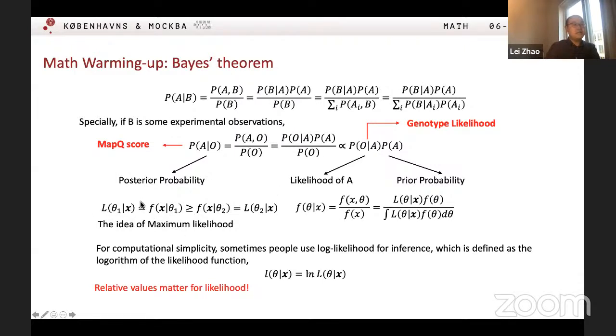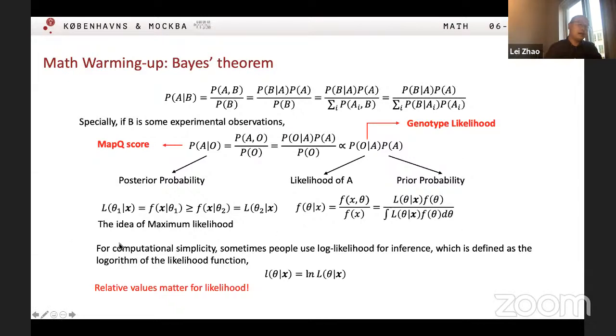So here you just want to know that this value is larger than this value, and here you just want to know the ratio of the likelihood functions. So basically, if you divide the likelihood functions by the same value, you will get the same sense of model prediction. And this is basically what I want to say here.